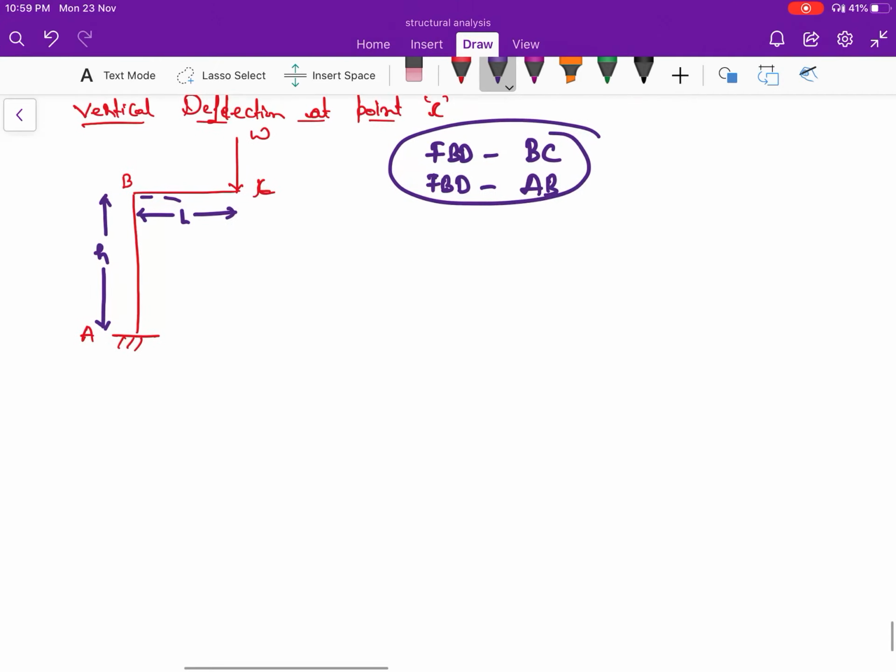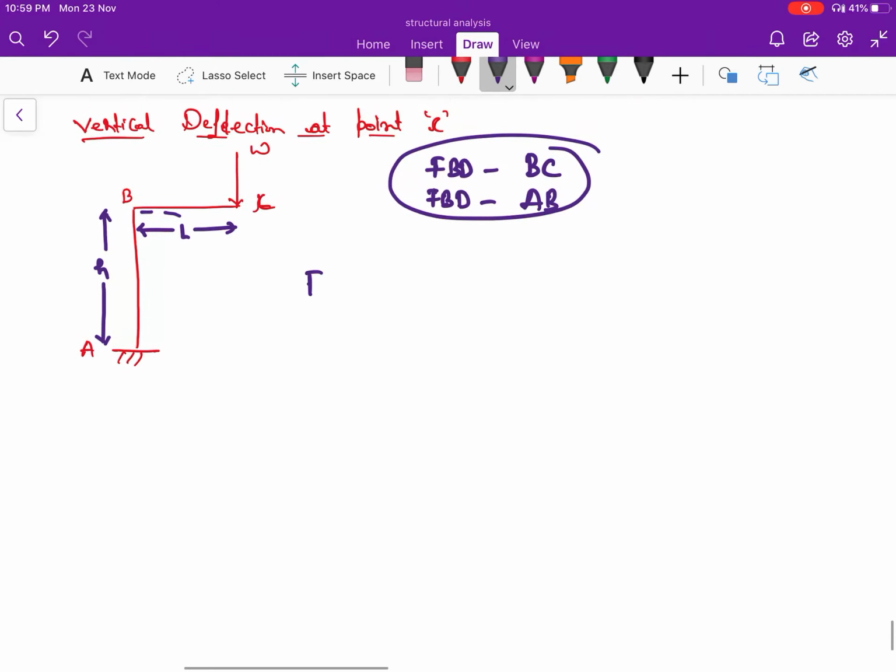Okay, I'm going to write the free body diagram of BC. Is it fine? So let me take this as BC. This is the point B, and this is the point C, where concentrated load W is acting at this point.